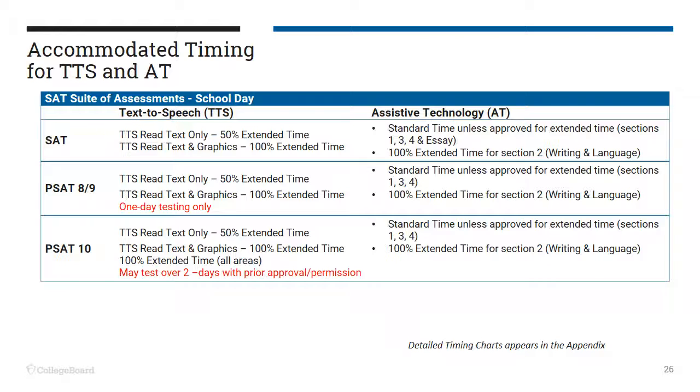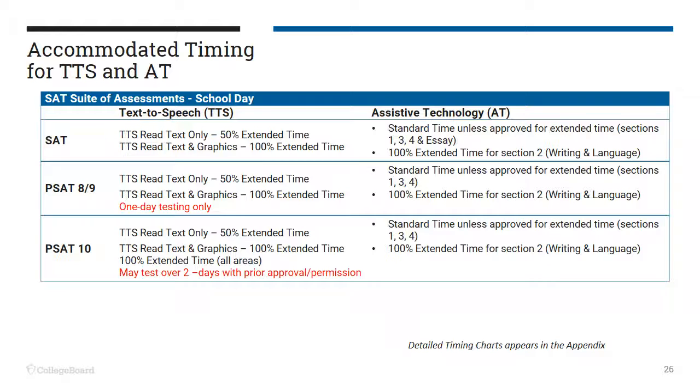Accommodated timing for TTS and assistive technology, or AT accommodations. For text-to-speech, TTS accommodation, for the SAT, 50% or 100% extended time for TTS tests over 2 days. For PSAT 8-9, 50% or 100% extended time testing must occur on a single day.